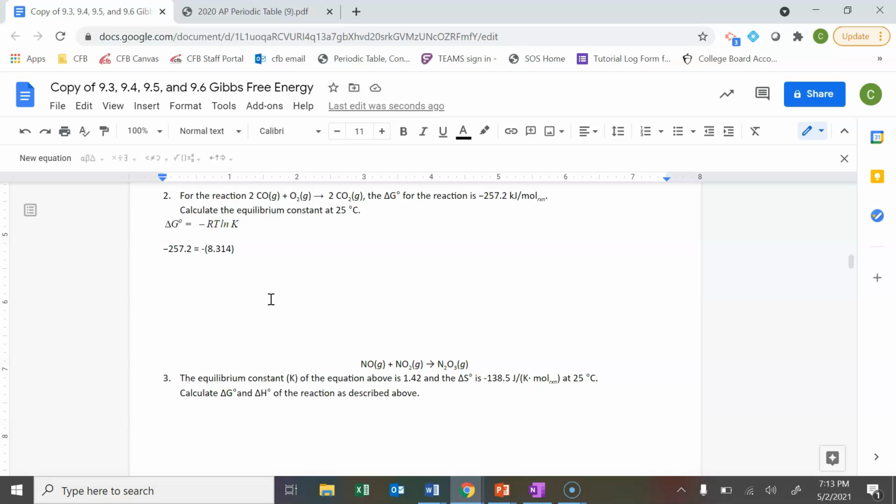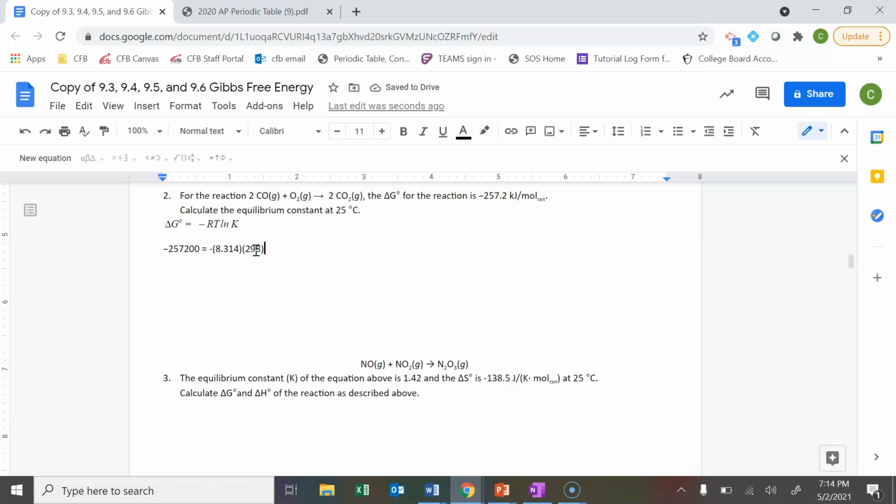So if I have 257.2 kilojoules, that's 257,200 joules, which is what I need if I'm using 8.314. So my delta G equals negative R times T. My temperature is 25 degrees Celsius. Don't forget, it needs to be Kelvin, so add 273. 25 plus 273 gives me 298 Kelvin.